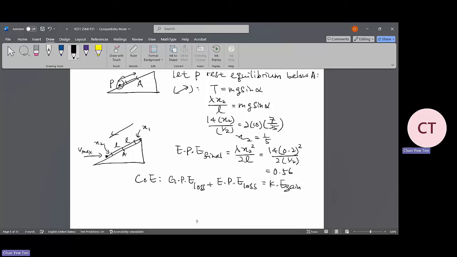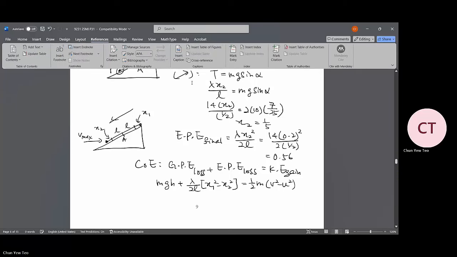So it will be mgh plus lambda over 2L times x1 squared minus x2 squared is equal to half m of v squared minus u squared.